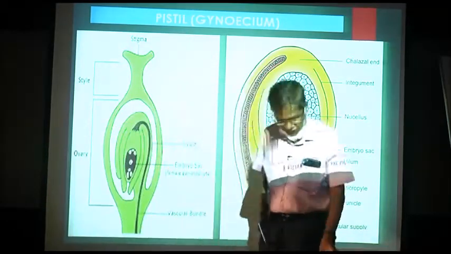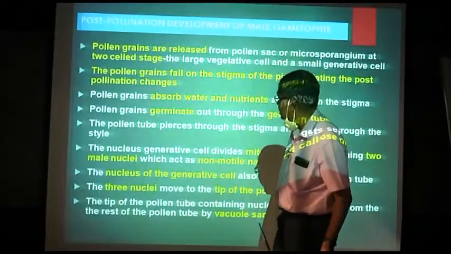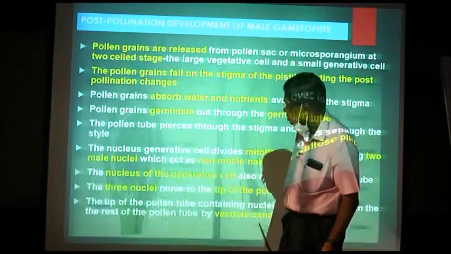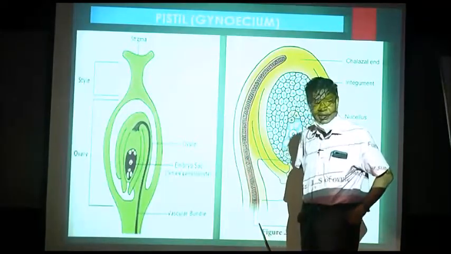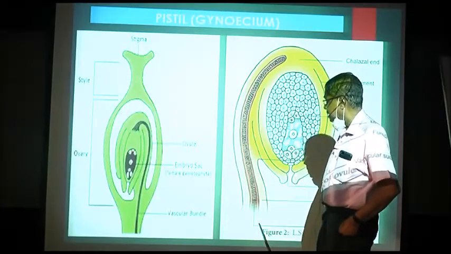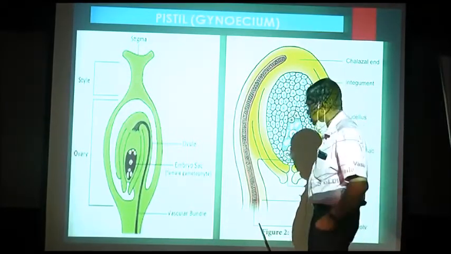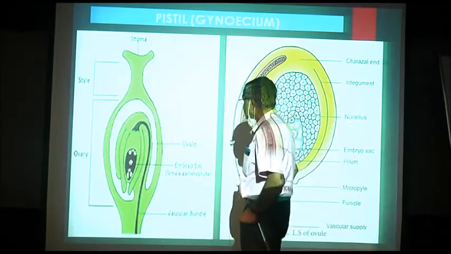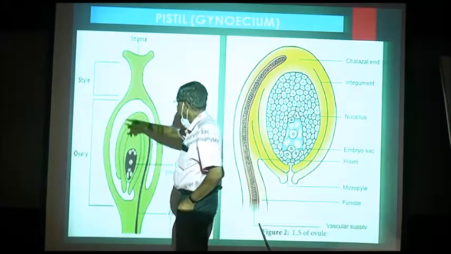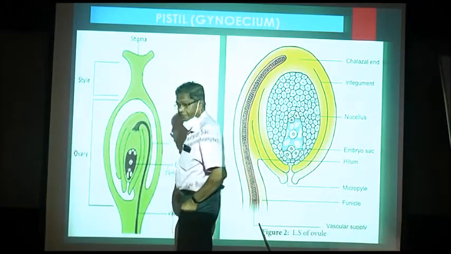Now coming to the female part, I told you already that the female part is gynoecium, and the gynoecium has an ovary, style and stigma.